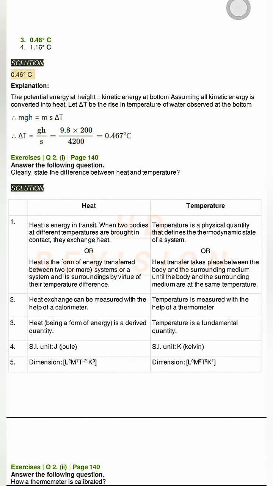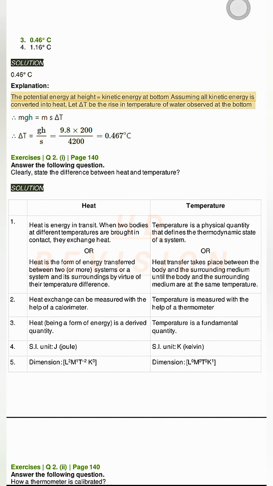Solution. 0.46 °C. Explanation. The potential energy at the top equals the kinetic energy at the bottom. Assuming all kinetic energy is converted into heat, let delta T be the rise in temperature of water observed at the bottom.